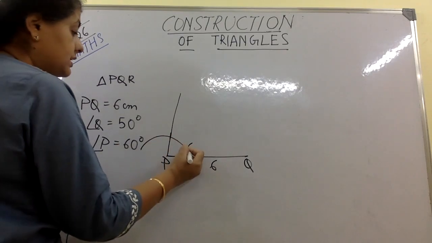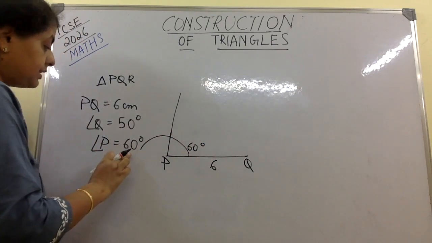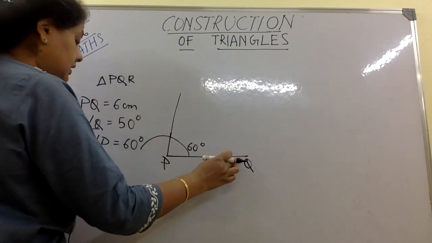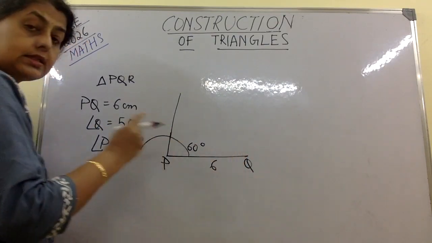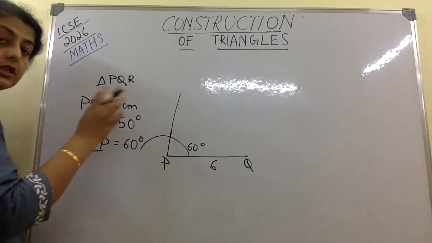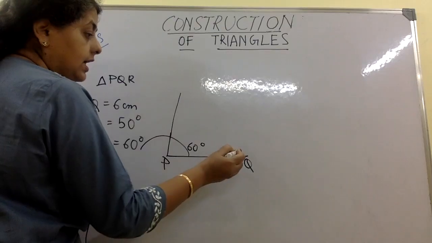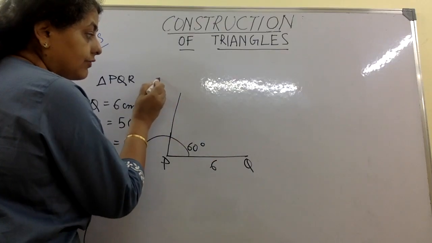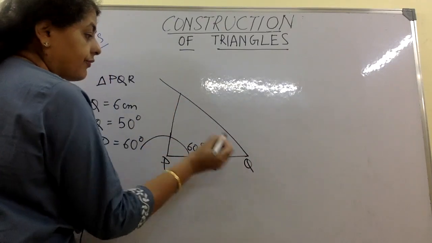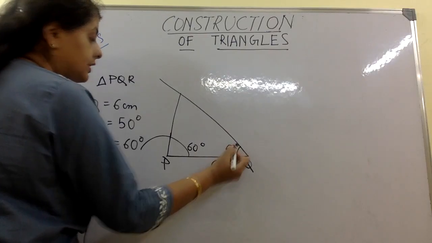So you make your 60 degree over here at the point P, and here is the 50 degree at the point Q. Since this is not a multiple of 15, you will have to use a protractor and make a 50 degree. As you make a 50 degree line, it will go and touch that line somewhere. Let it touch wherever it does.